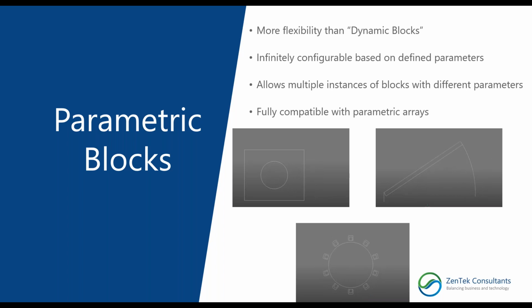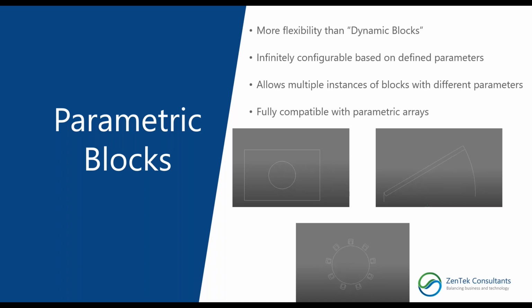So unlike a dynamic block, which allows you to change its shape in some way, as some of you are probably used to with AutoCAD, a parametric block is more flexible and it allows you to enter as many parameters as you like and change those parameters to fully reconfigure your blocks.